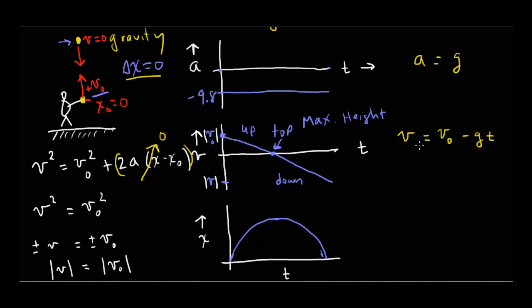The equation that we have is v equals v naught plus at, but I put a minus sign because I know that g is negative. This negative comes from the fact that g is always a negative value. And I could say that the position is equal to the initial position plus v initial times t minus 1/2 gt squared.